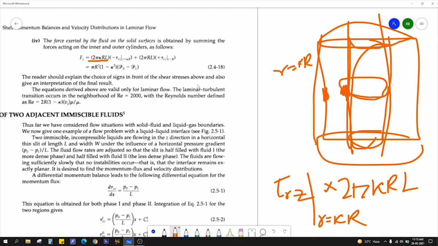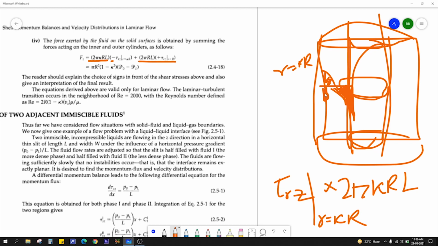And why is this taken as minus? Because if you see the profile, the shear stress was negative here. The shear stress profile was positive on this wall and negative on this wall. So that's why the minus is taken.